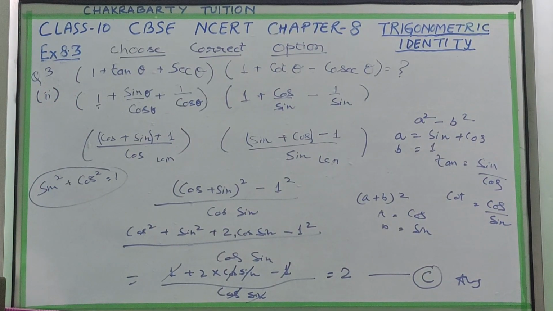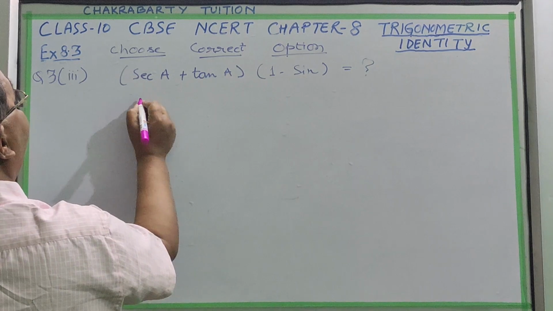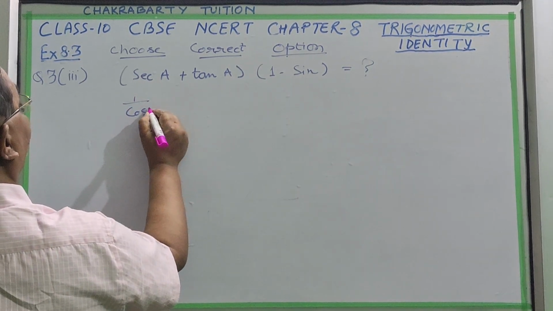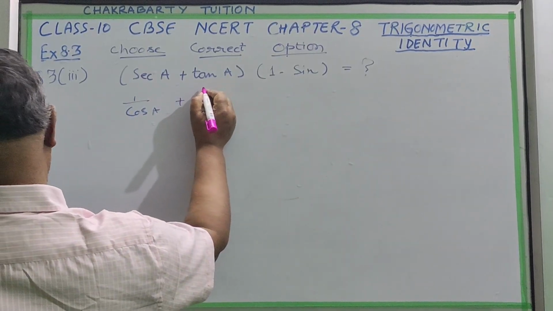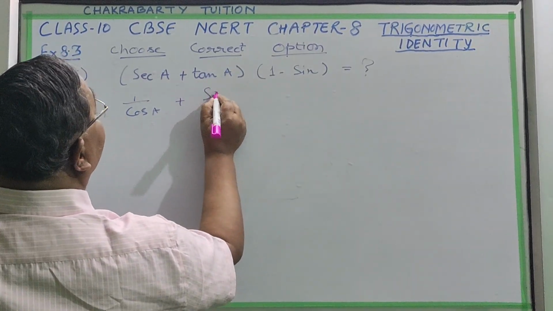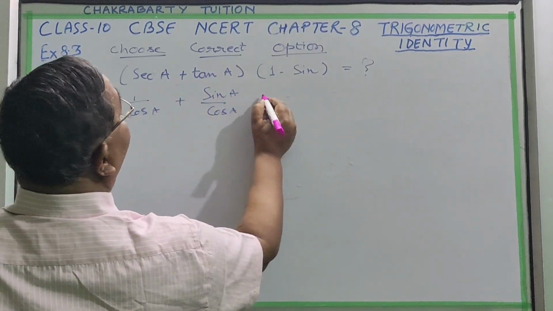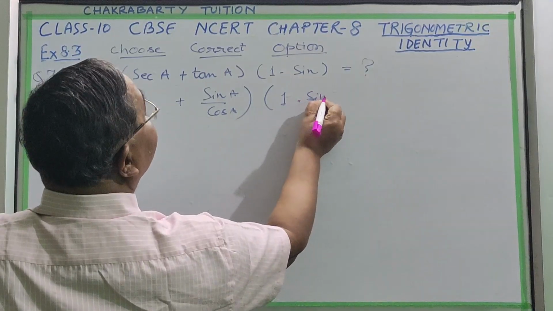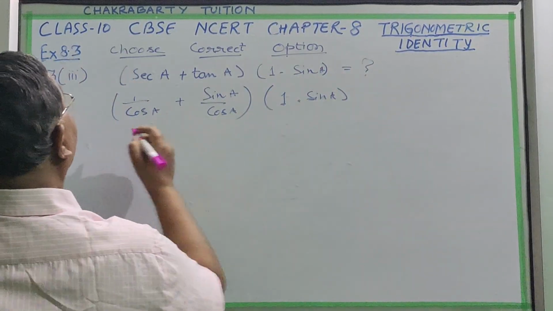So here sec is equal to 1 upon cos A. This is sec A plus tan A, also we can write sin A upon cos A, or this is 1 and this is 1 minus sin A. If I forget, you just remember.